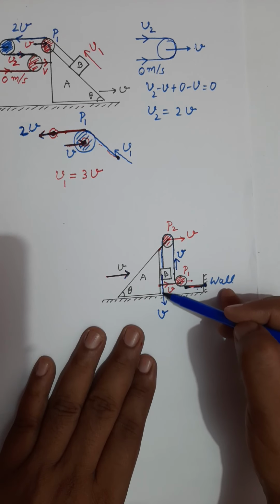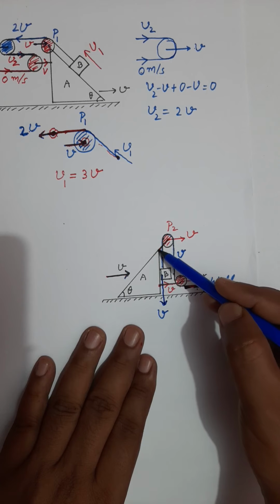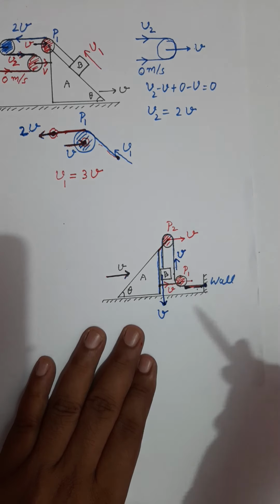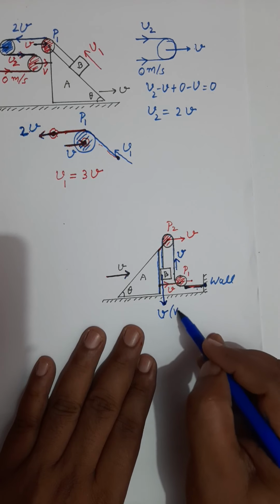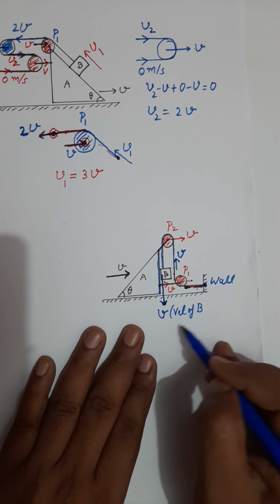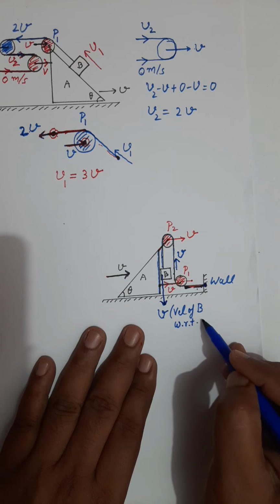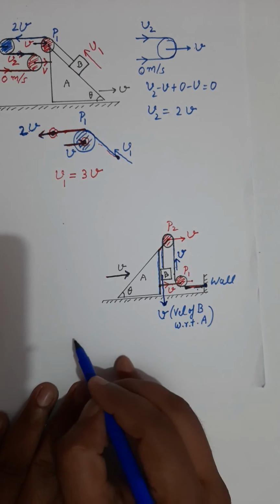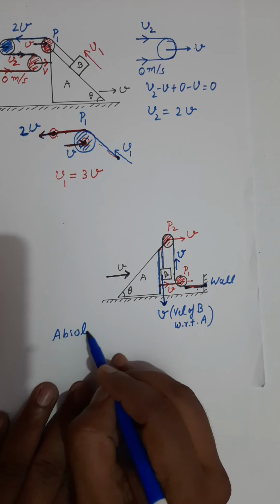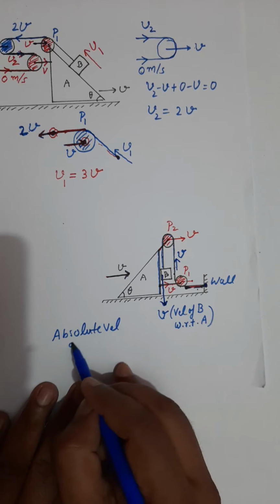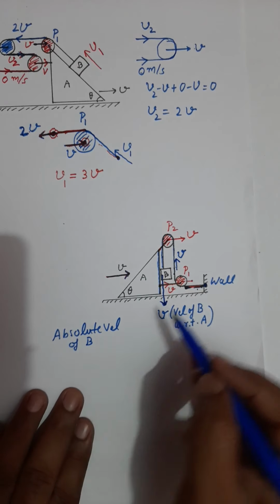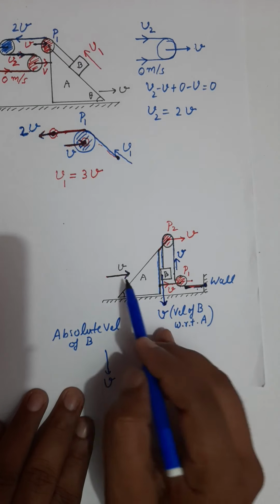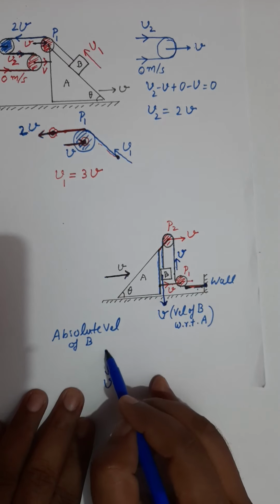But I repeat again, this velocity v which is parallel to this surface is not the absolute velocity of B. This v is the velocity of B with respect to, that is relative to, A. If I want the actual velocity of B, the absolute velocity of B, then it can be obtained by adding this velocity vector which is in the downward direction and the velocity of the wedge which is in the forward direction.